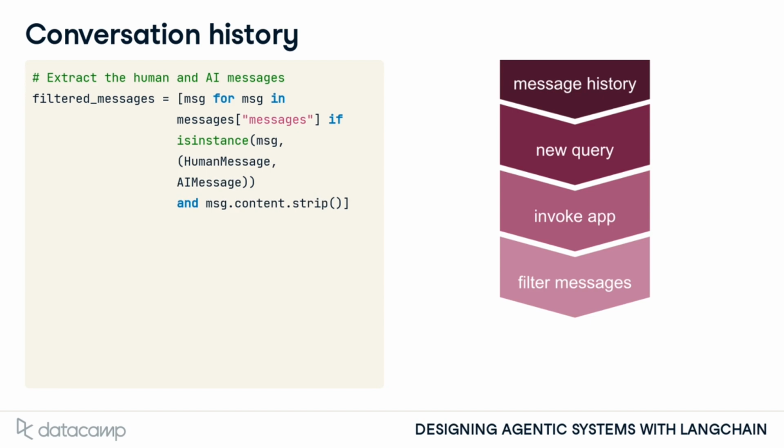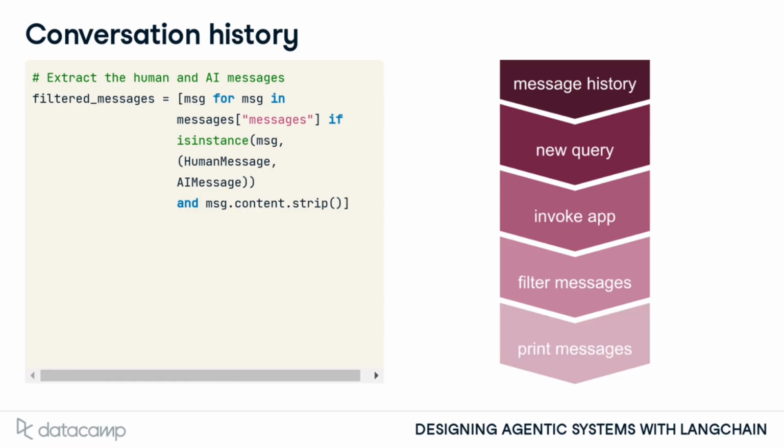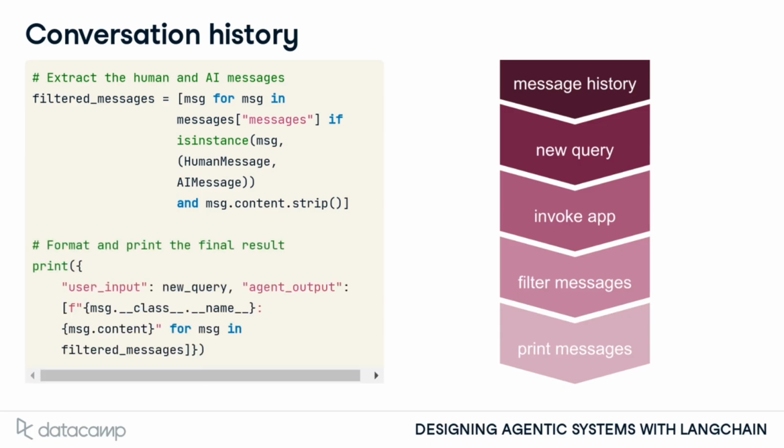When applied to message content, the strip method removes any trailing white spaces. Finally, we'll format and print the conversation extracted from message content, with each message labeled using its proper class name. The user input is our new query, while the agent output will print the full conversation and repeat the agent's most recent output, which is useful for debugging.